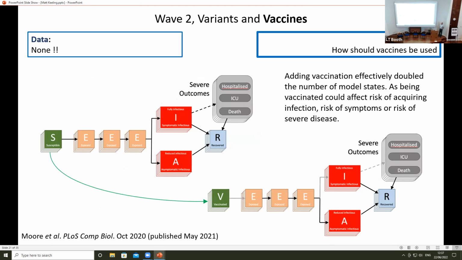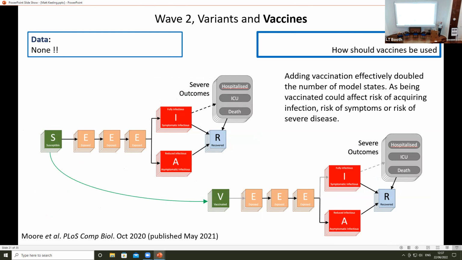Taking things forward a bit more, when wave 2 hit, we really came into thinking about lots of other components. So the first thing was vaccines. And the policy question at the time was, how should we use the vaccines? Back in October of 2020, when we got asked this, we knew almost nothing about the vaccines.